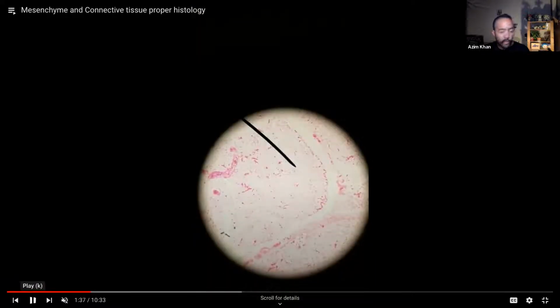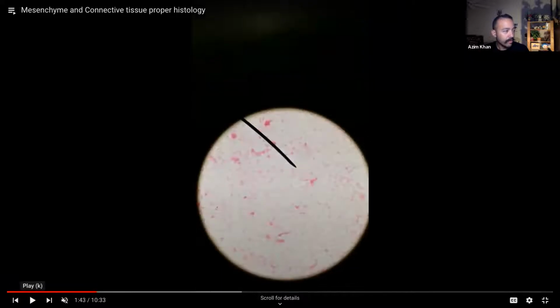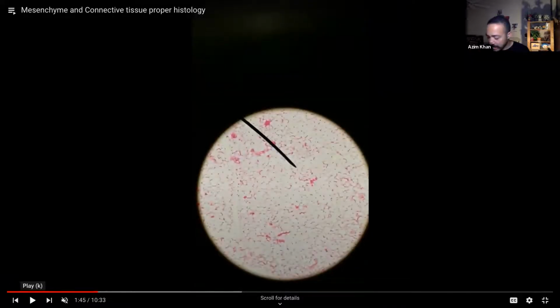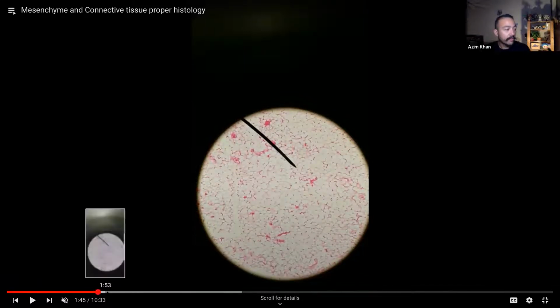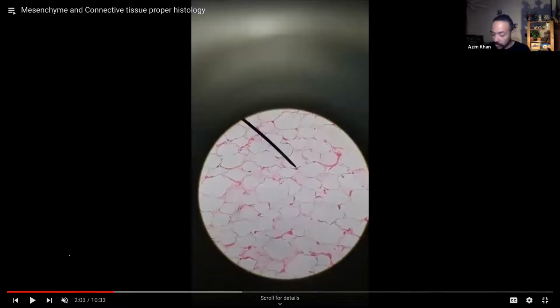This is 40x. It's hard to see exactly what we're looking at, so we're going to need to go closer. This is 100x. We can start to see little circles here, but a lot of white space. Here is 400x. The darker dots you see here are the nucleus. What I just colored in there is a nucleus, and the whole cell is what wraps around like that.